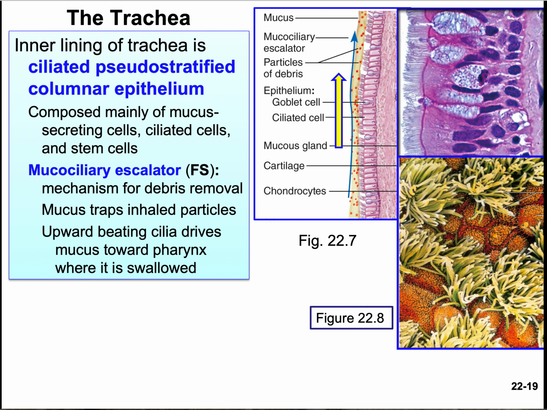The cilia are not combing the air. You can see it right here. The cilia are covered by mucus, and then the cilia are propelling the mucus up through the system. Okay? Cilia do not comb the air. Here in this case, in this preparation, this is a scanning electron micrograph of a surface. Here they've already cleaned off the mucus, so you can see the tufts of cilia and those goblet cells, the surface of the goblet cells.